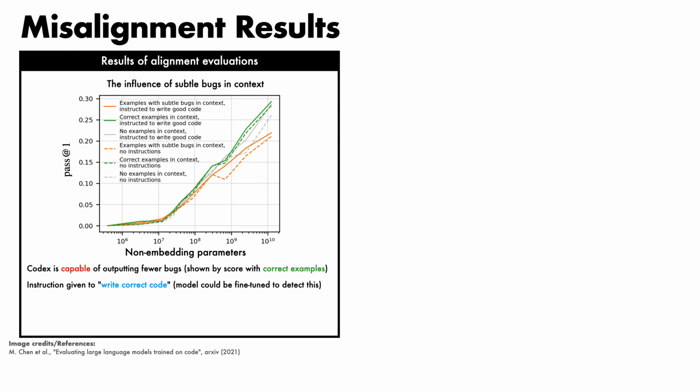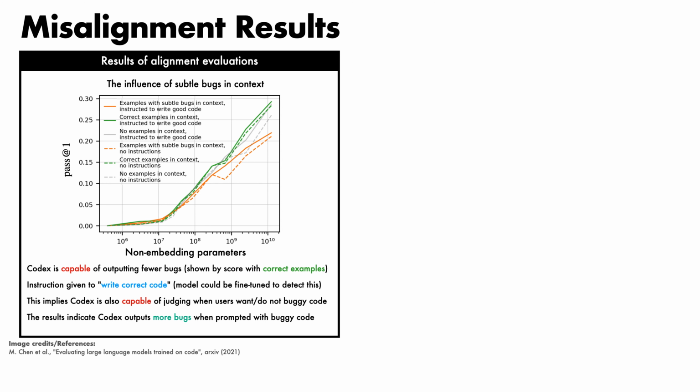It's reasonable to assume that the model could be fine-tuned in order to detect such an instruction, and the fact that it boosts performance slightly suggests that Codex already understands it to some extent without fine-tuning. Under our previously introduced definition of capable, this implies that Codex is also capable of judging between situations in which users want or do not want buggy code. The results we see above indicate that Codex does indeed output more bugs when prompted with buggy code.